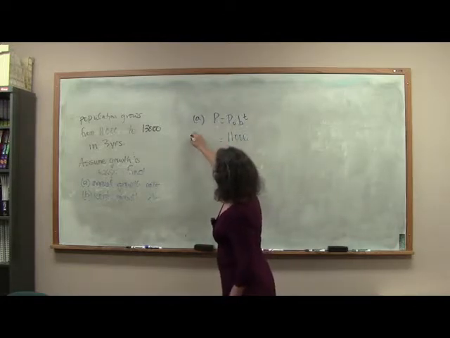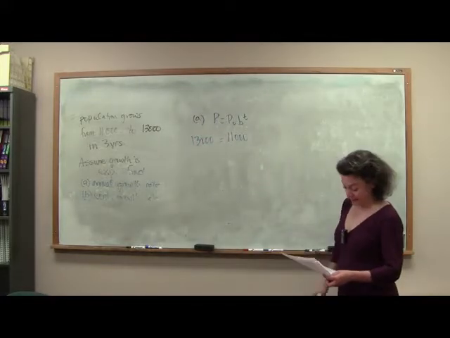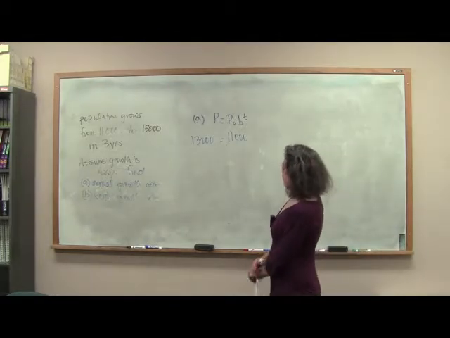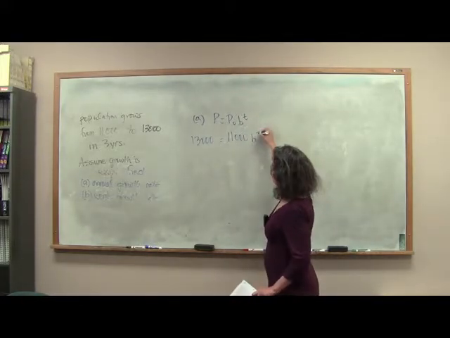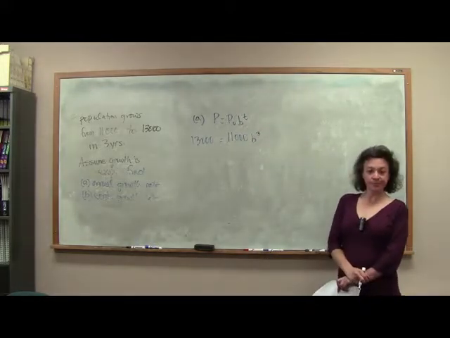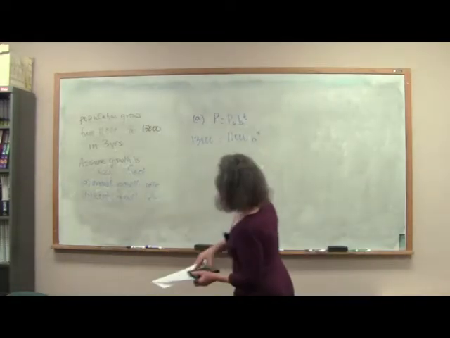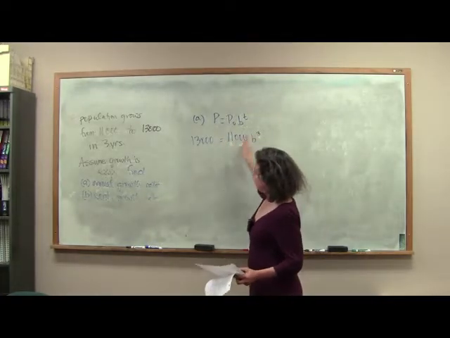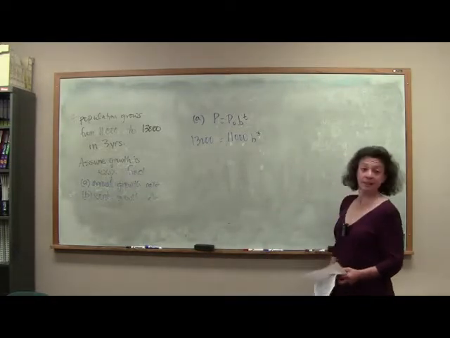And we know that we're going to end up with a population of 13,000. Now, if we want to find the annual growth rate, we're looking for B when T is 3. So notice, it starts out at 11,000. When t equals 3, it becomes 13,000.